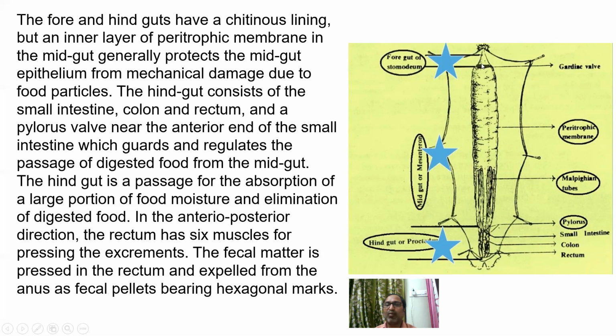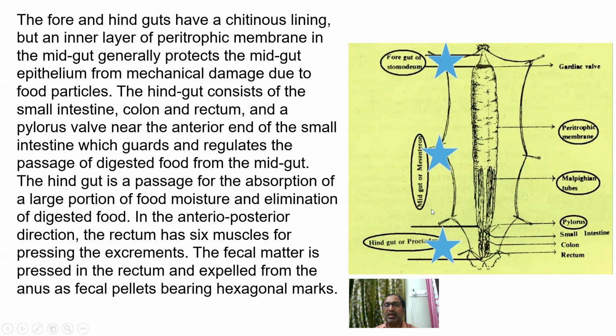Here the cardiac valve will stop the regurgitation, means it can stop the backflow, and here the small intestine also guards and regulates the passage of the digested food from the midgut to the hindgut. The hindgut is the passage for the absorption of a large portion of food moisture and elimination of digested food.